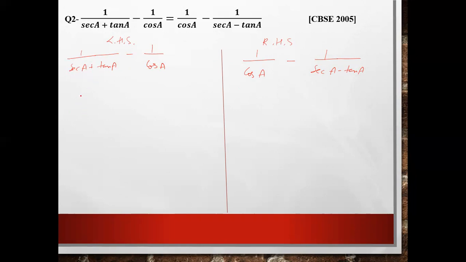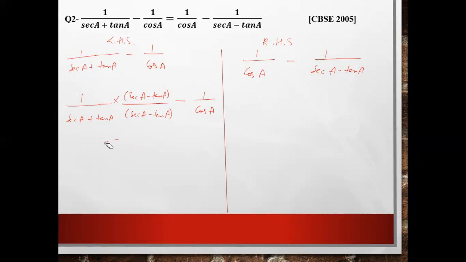So what will be the conjugate? 1 upon sec A plus tan A. All right. Just multiply the denominator with sec A minus tan A upon sec A minus tan A, all right, and 1 upon cos A will be here. Now, what will I get? 1 into sec A minus tan A, so 1 upon sec A minus tan A.